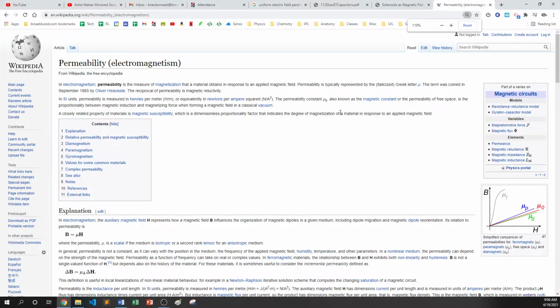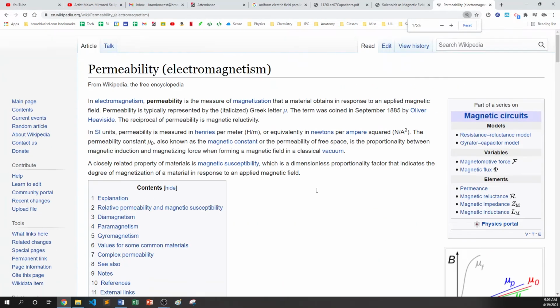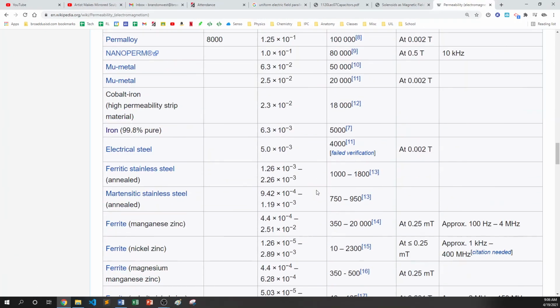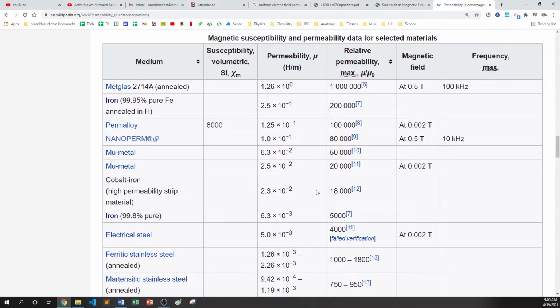I'm going to look up some common values. So this is relative to vacuum, so you just multiply this number times mu naught.